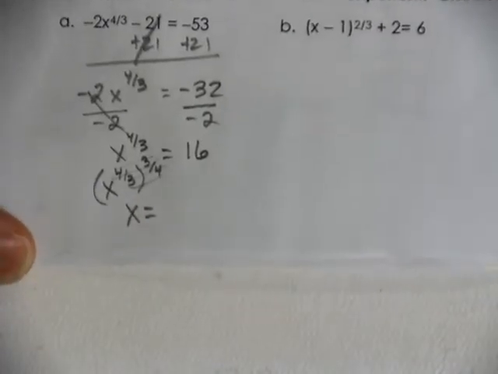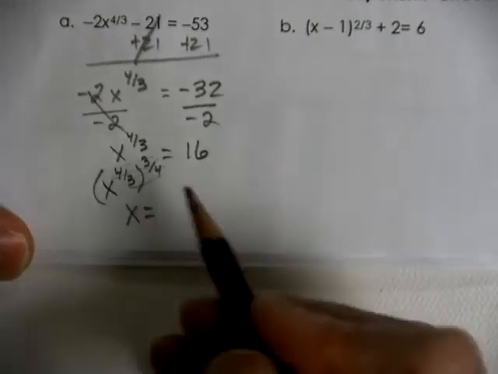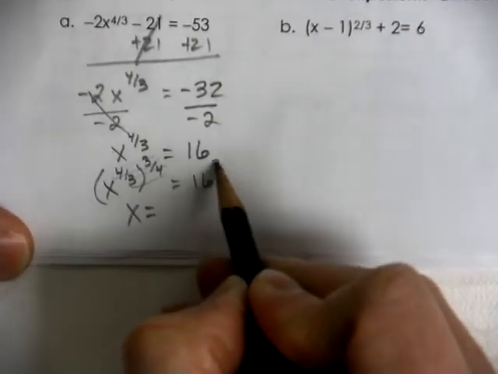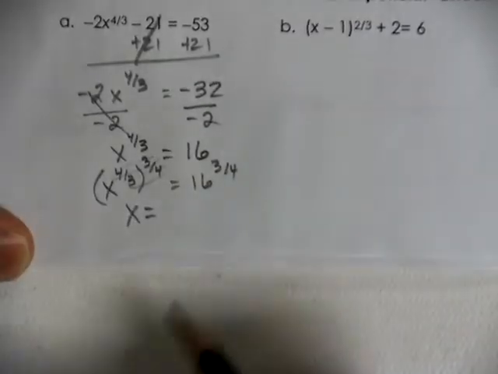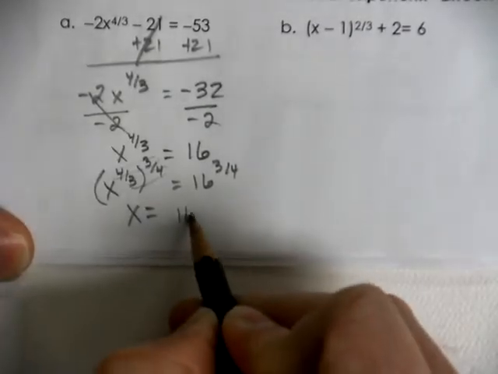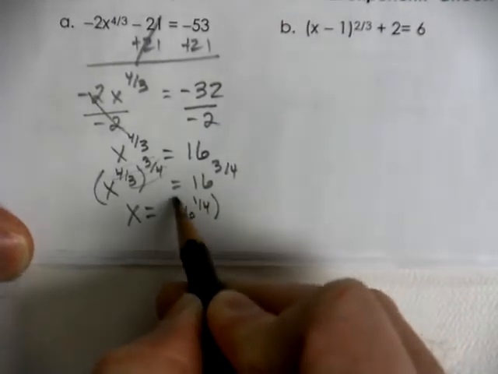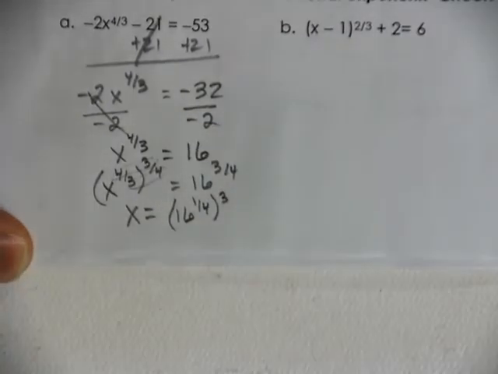So x to the 1st power. And what we do to one side, we also have to do to the other side. So this is really going to be 16 to the 1/4 power cubed.